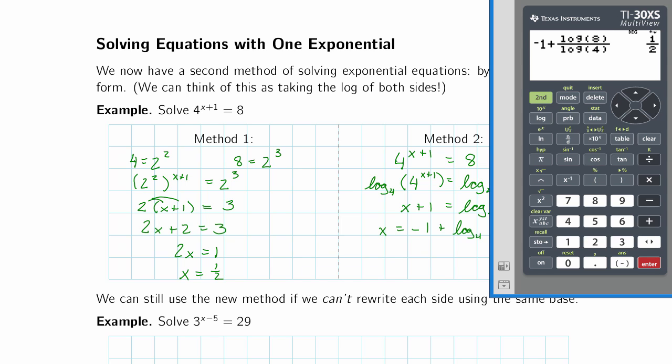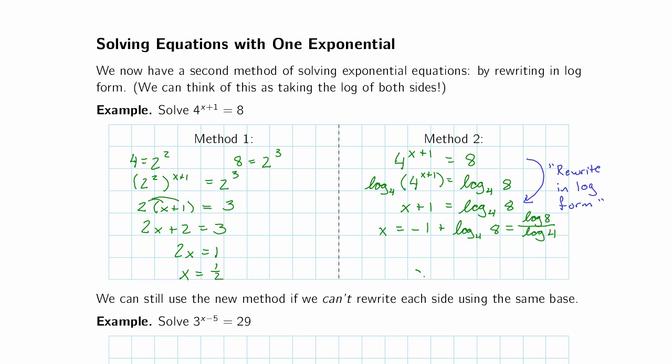So either way we get the same solution. X equals 1/2. Now the nice thing about this method where we use the logs is that we can do the same thing even when we don't have a way to rewrite for method 1. That is, even if we can't rewrite each side using the same base, we can still use the method using logs.